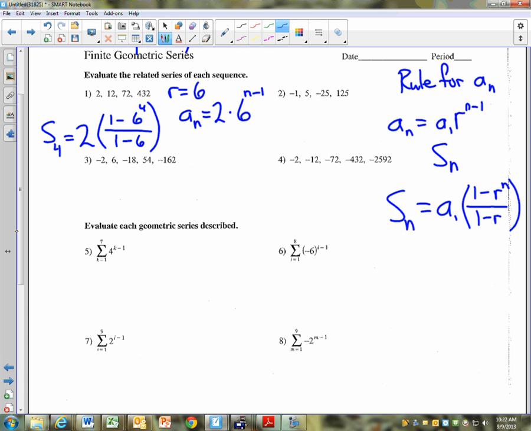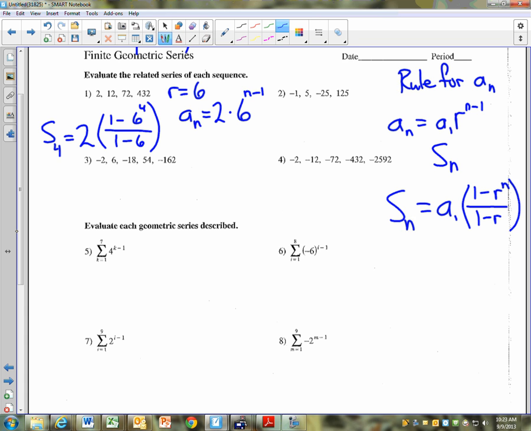What's that, Larry? This one? We're using this one. Finding the sum. So what is 6 to the fourth power? 1,296.